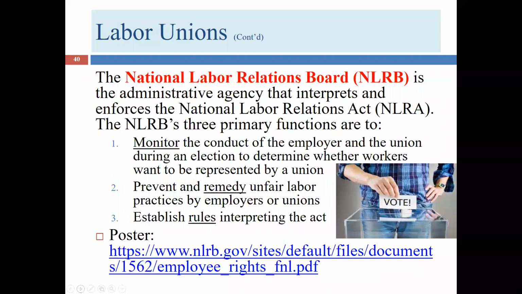So let's go to the next slide. The agency that manages this process is the National Labor Relations Board. It is the one that enforces the National Labor Relations Act. The NLRB does 3 primary things. First of all, it conducts that election.